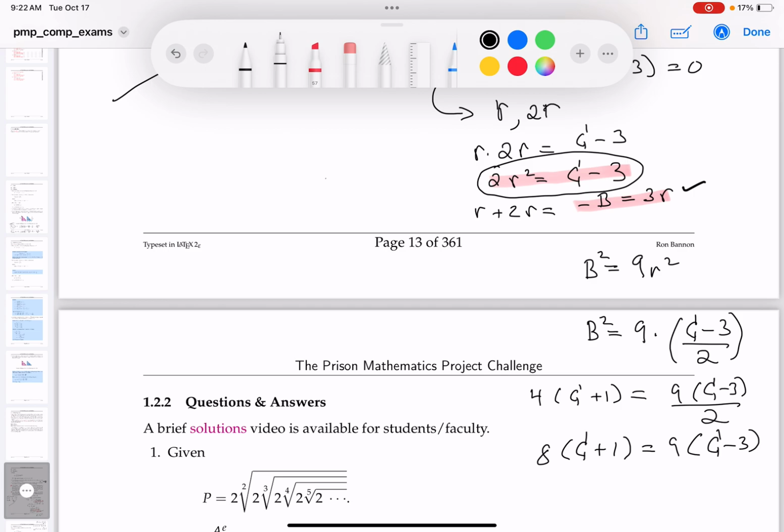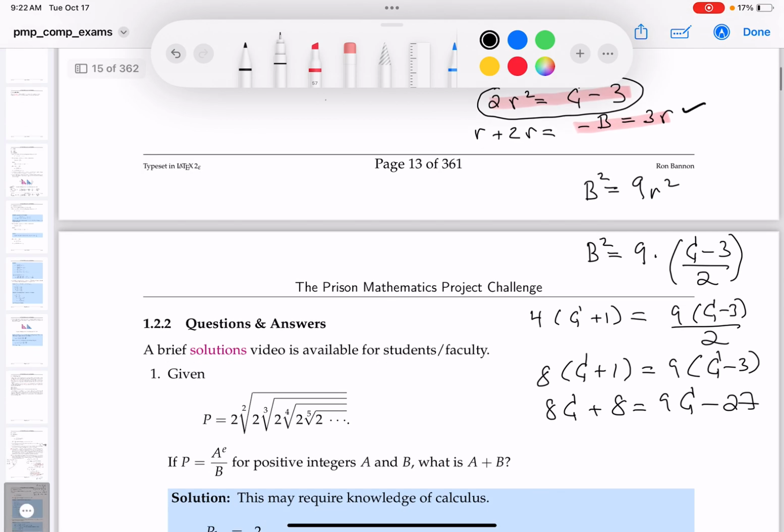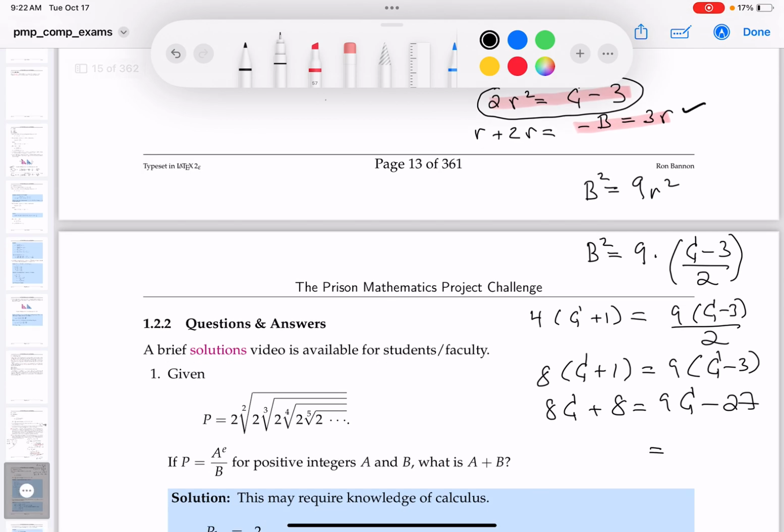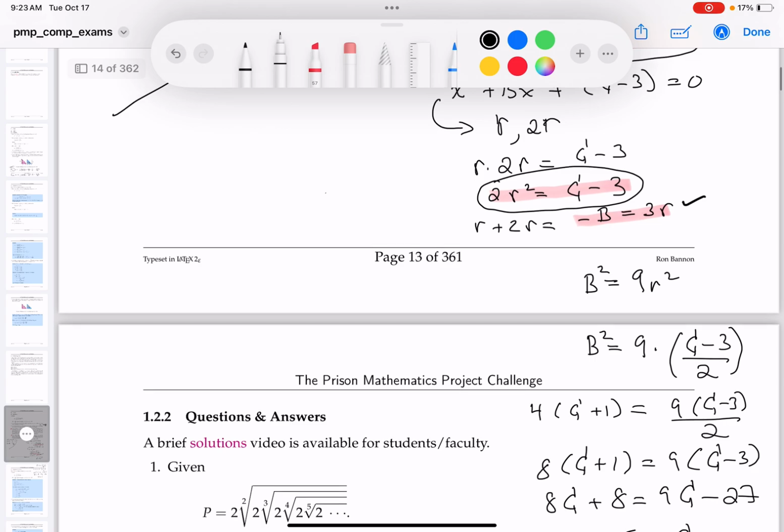So you get 8c plus 8 equals 9c minus 27. I'm getting close to c now. I subtract 8c from both sides and add 27 to both sides, and that gives 35. I know c is 35 now, unless I made a mistake.